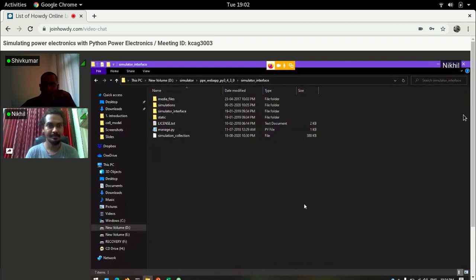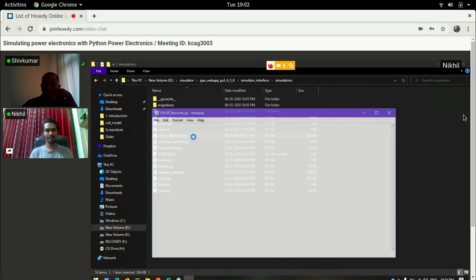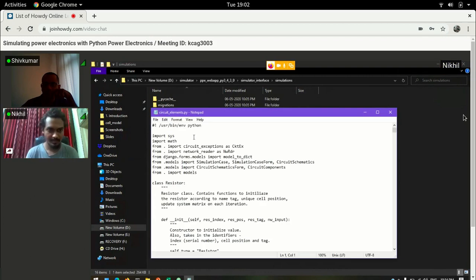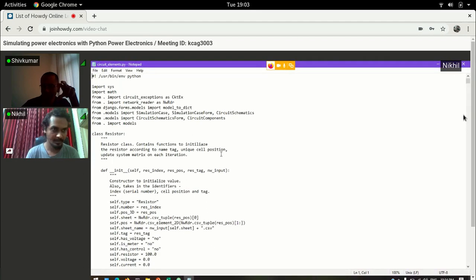See this. Yeah, so you go to simulations. So you see circuit elements.py. Yes, okay. Here you see this is a resistor class. So this way you go down, you will see all the elements have been defined here. These are all Python classes.